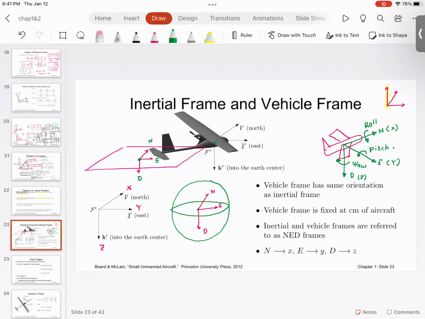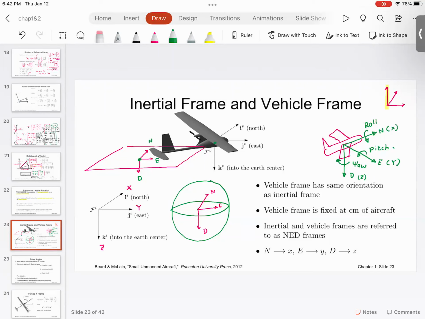But that string will contain the ephemeris data, which allows the GPS receiver to resolve the position of the receiver with respect to the earth center, earth fixed frame. That is the inertial frame in which the GPS receiver is going to calculate its current position. Everyone understood this? So our inertial frame is going to be earth center, earth fixed.